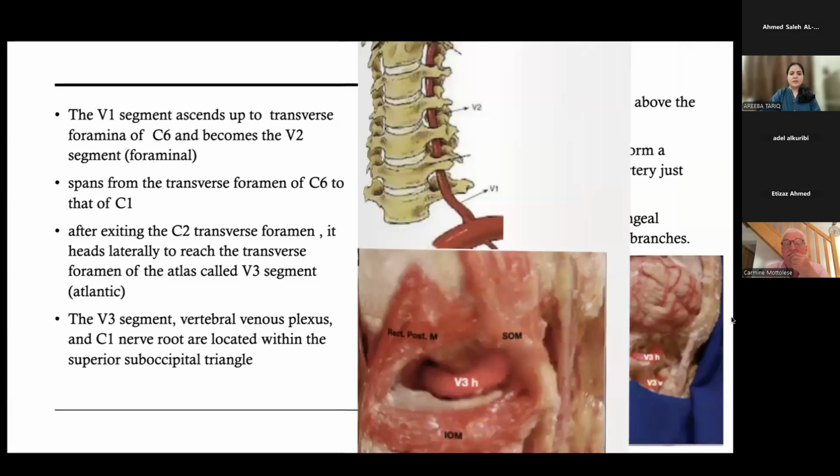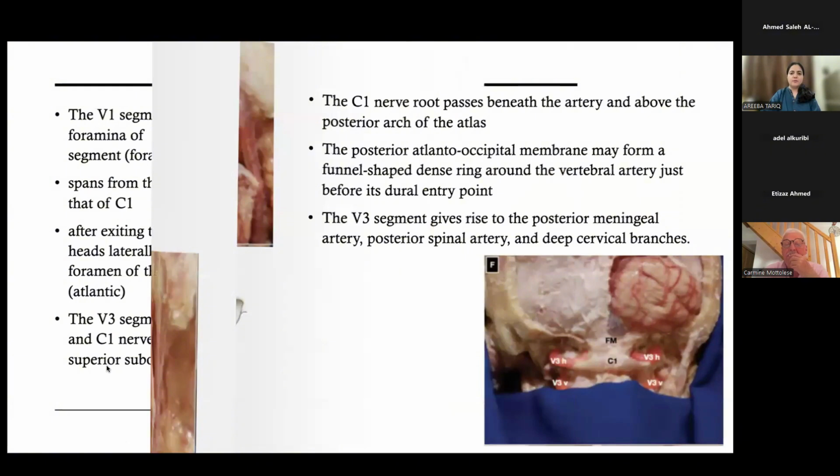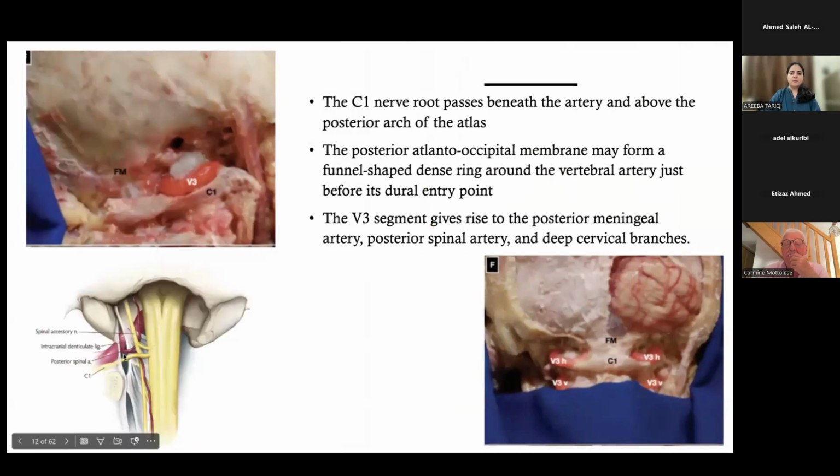This C1 nerve root passes beneath the artery and above the posterior arch of atlas, as we can see in this diagram. This is the vertebral artery, and we can see the C1 nerve root. The posterior atlanto-occipital membrane may form a funnel-shaped dense ring around the vertebral artery just before its entry. This V3 segment gives rise to the posterior meningeal artery, posterior spinal artery, and deep cervical branches.